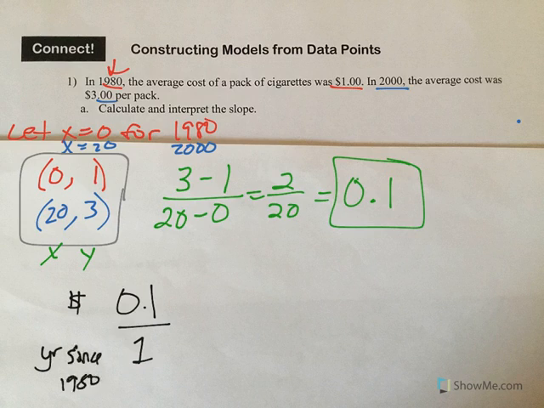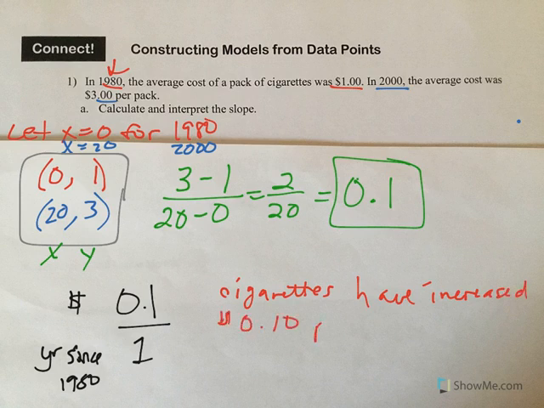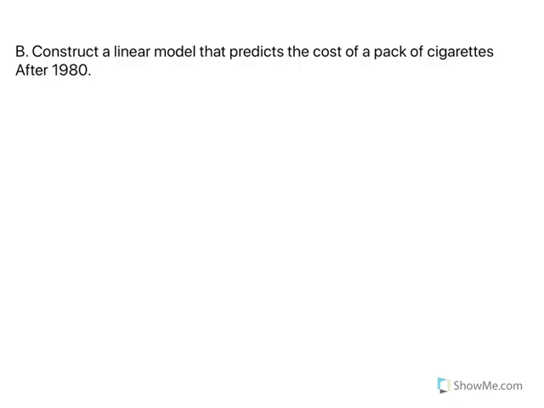So what this means is that cigarettes have increased, and I know they've increased because my slope is positive. They've increased 10 cents per year since 1980. This is the 10 cents, this is the year since 1980, and it's an increase because it's positive.